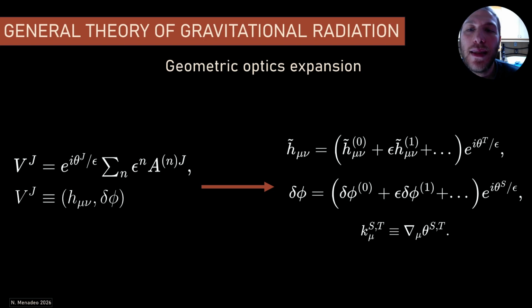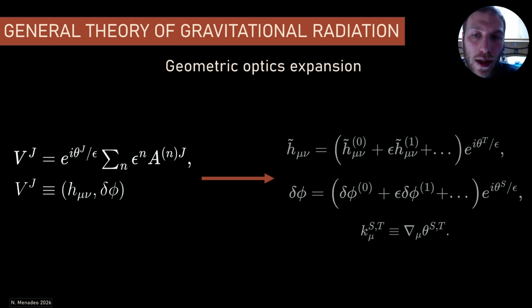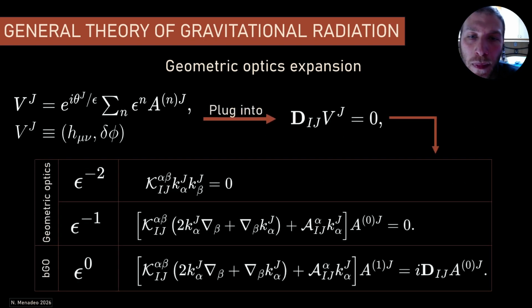By plugging this ansatz into the linearized equations and collecting the contributions order by order in epsilon, we get the leading and next-to-leading order, as we can see here, that are describing geometric optics. Namely, we have epsilon to the minus 2, which gives information on the causal structure, and epsilon to the minus 1, which describes the evolution of the amplitude.